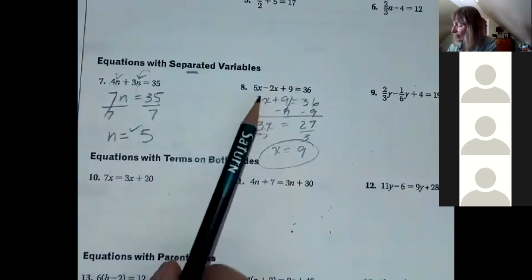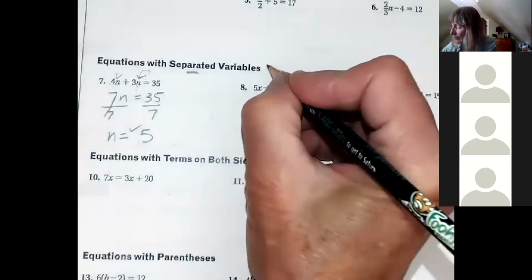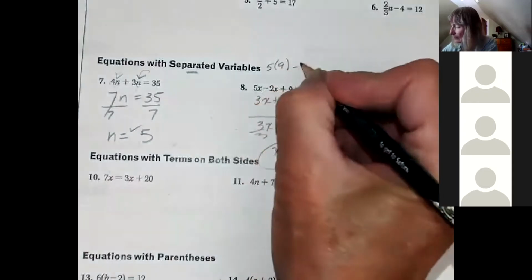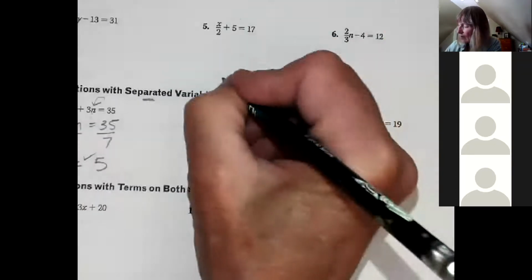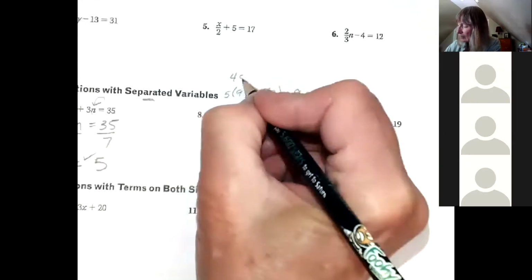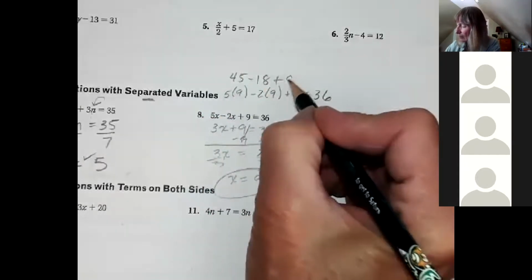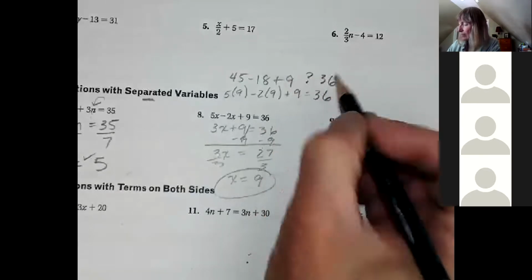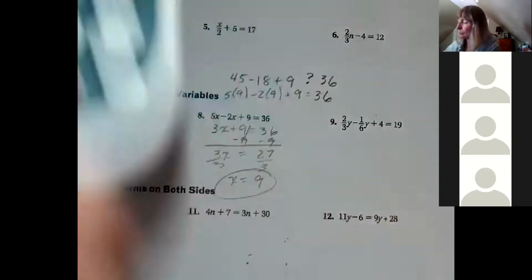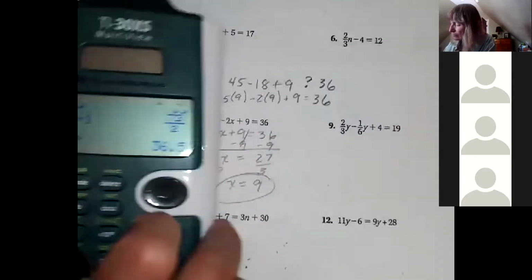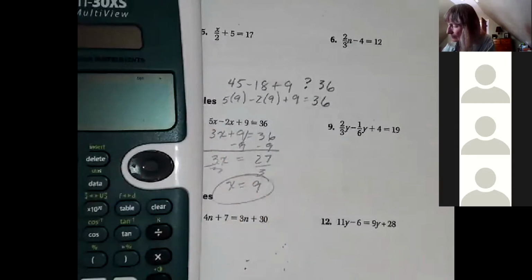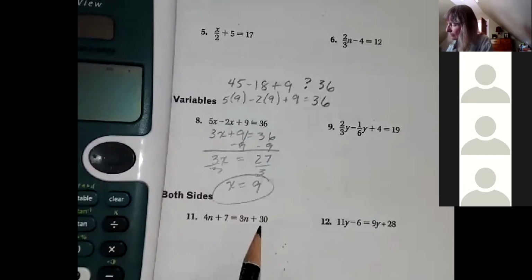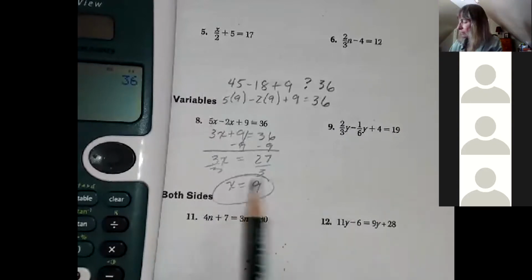I got it right. 5 times 9 is 45. 5 minus 18 plus 9. Yes, works.